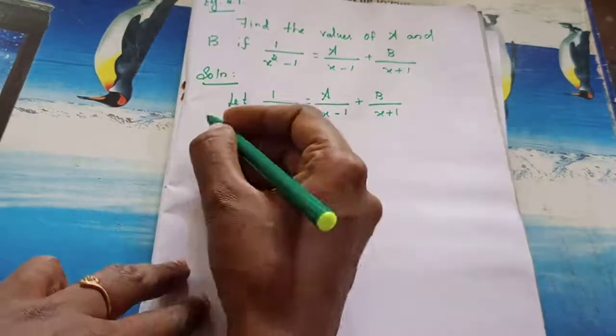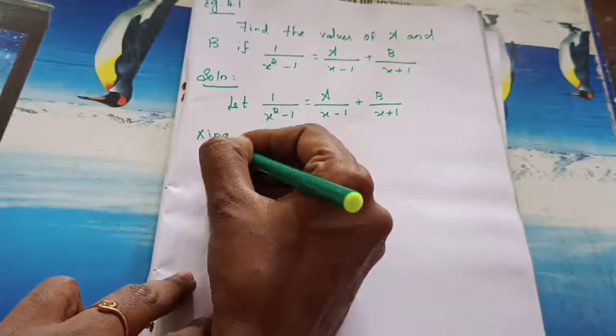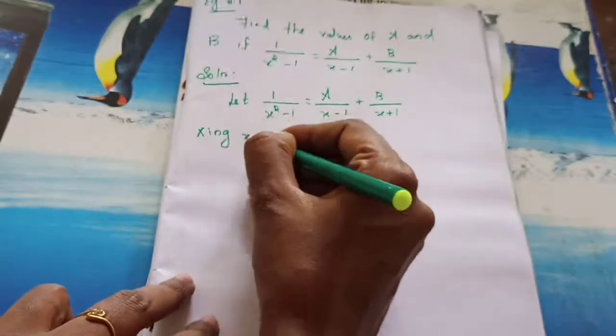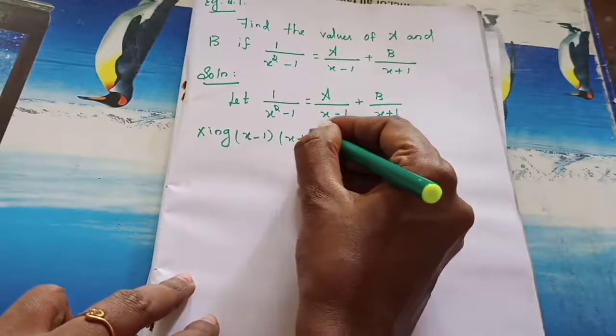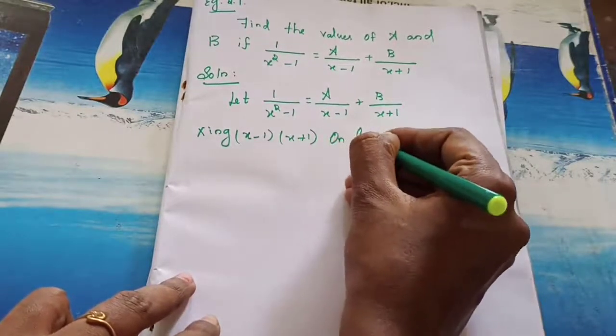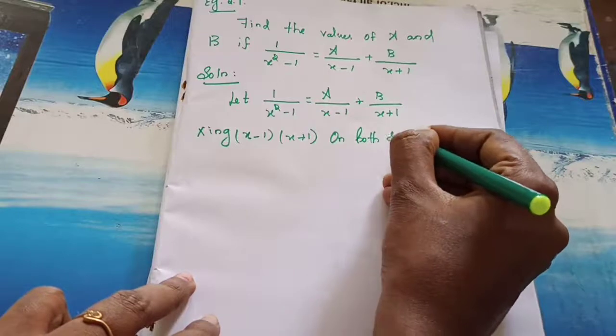For that, what will you do? Multiply x minus 1 and x plus 1 on both sides. What's the first step?